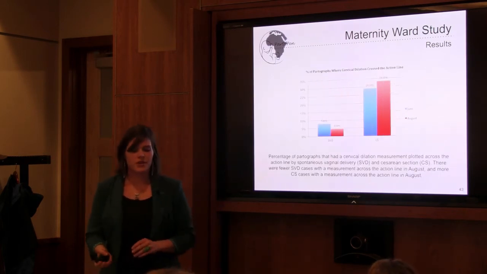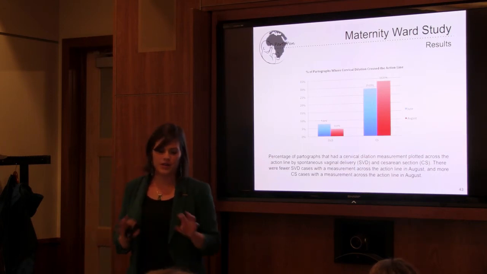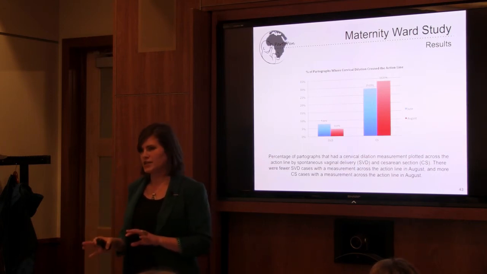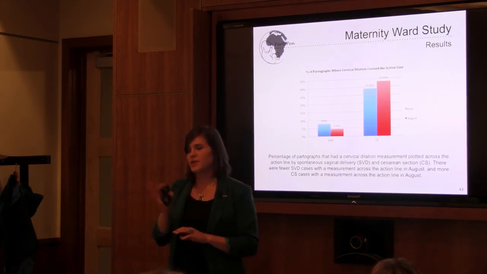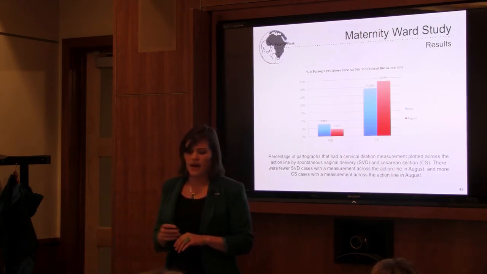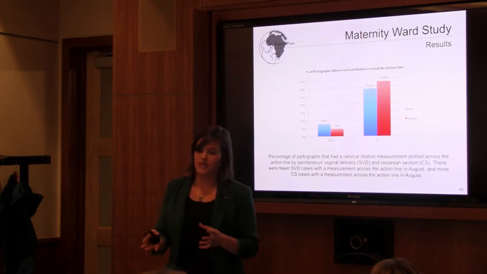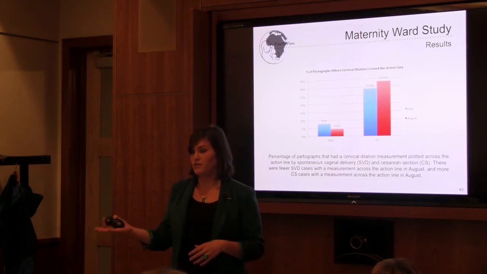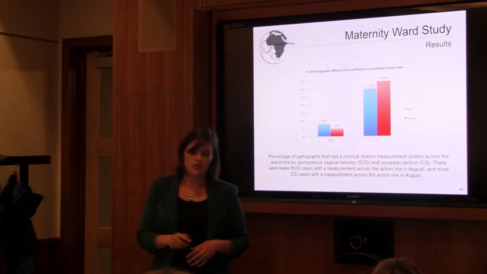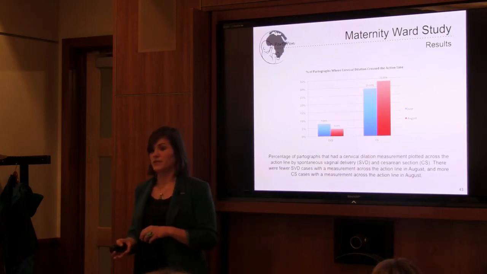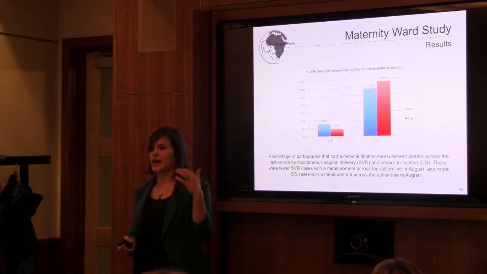So this graph shows how many of the partographs for each category actually cross the action line. And this is important because that action line is where decisions should be made. And most oftentimes, the decision here is the cesarean section for women who have crossed that action line. So what you see is that in June, the rates of spontaneous vaginal deliveries that crossed the action line was actually higher.